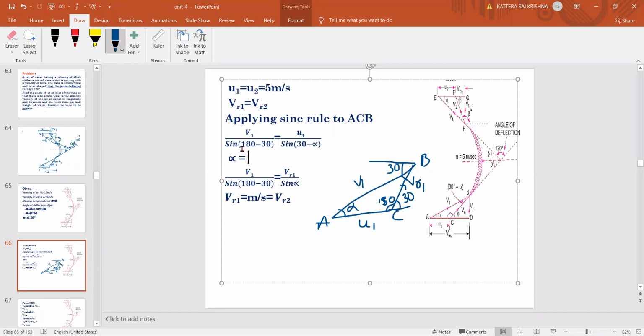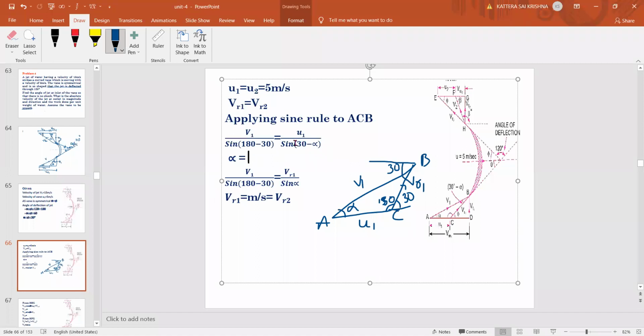U1 is 5 meters per second. Yes, tell me the value of alpha.